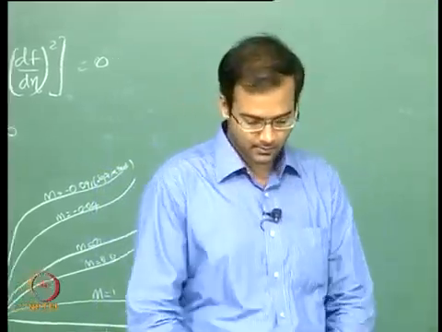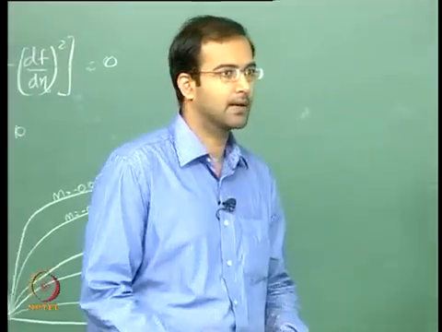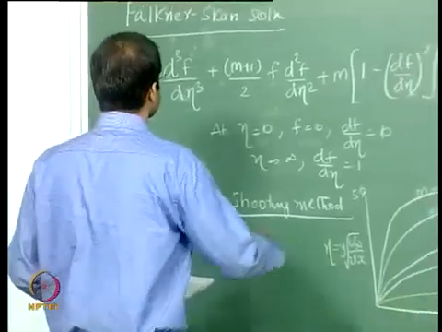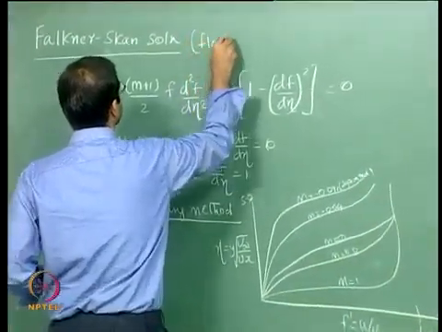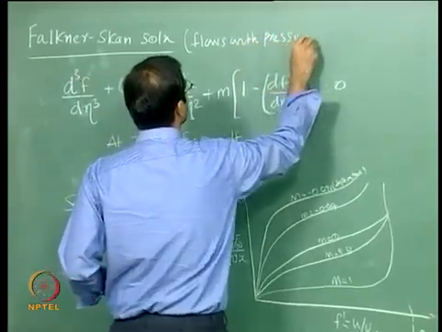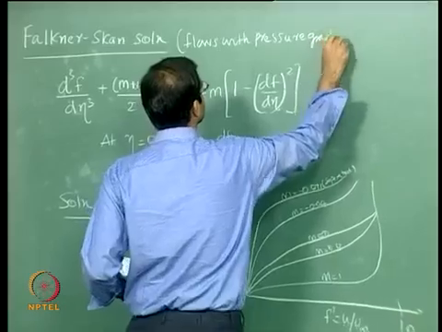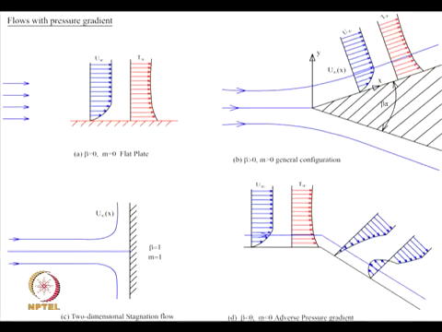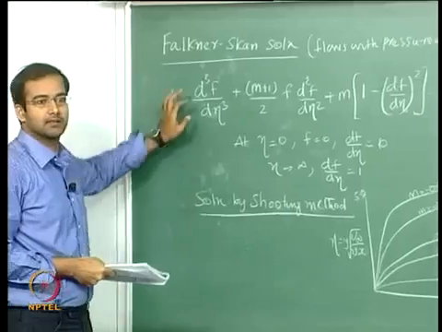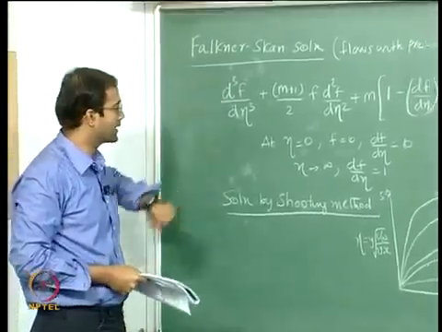Okay, so let us continue with the Falkner-Skan similarity solutions that we had derived yesterday. These are for flows with pressure gradient, and the final similarity differential equation appears in this particular form, and these are the boundary conditions.